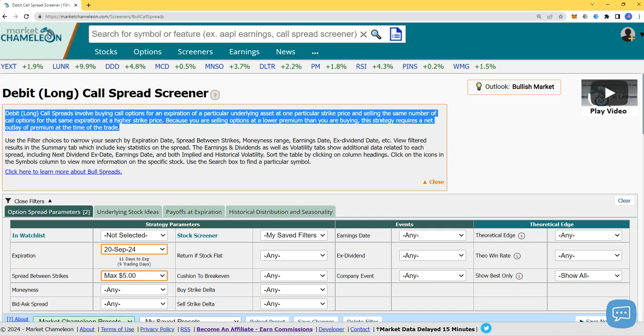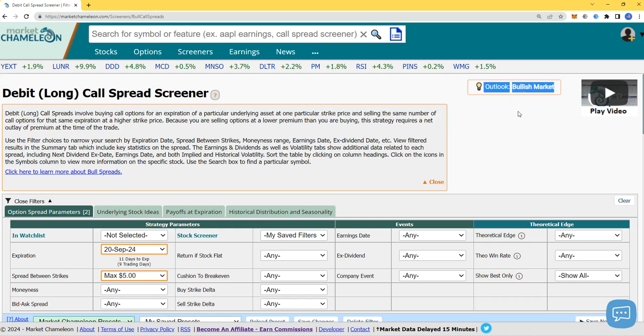And it tells you debit call spread involves you buy a call option for expiration at a particular stock, and you also sell simultaneously another call option. So let's say the stock is at 100, you have a bullish market outlook, you buy the 105 call and simultaneously you sell the 110 call.